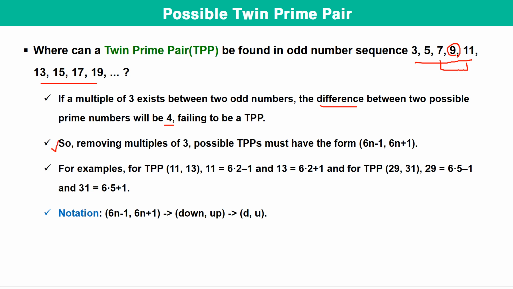So removing multiples of 3, possible TPPs must have the form 6n minus 1, 6n plus 1. You can see examples here, and we use the notations down and up. This is the down number and this is the up number.